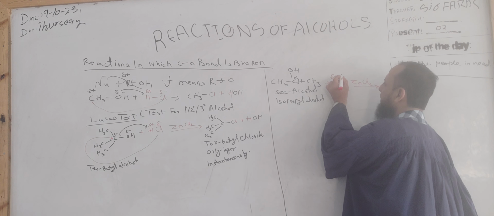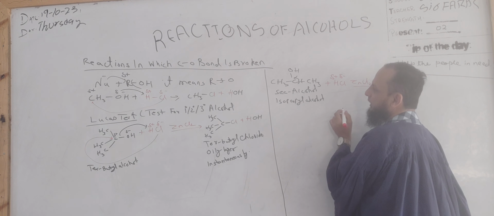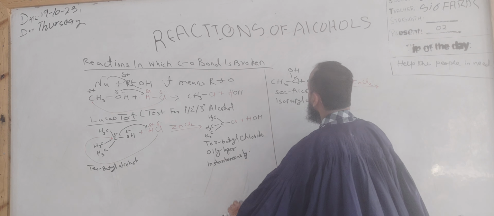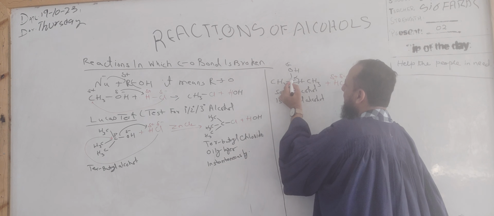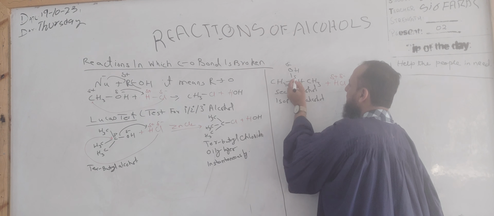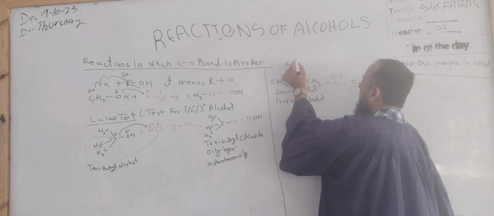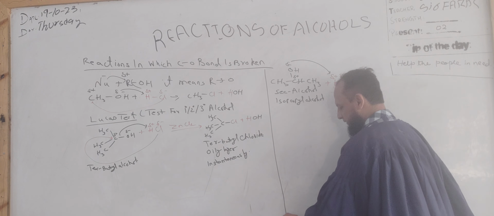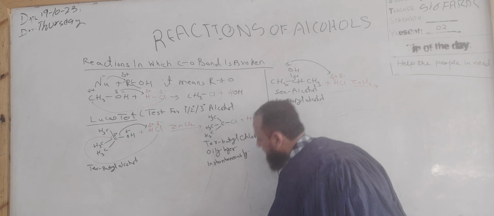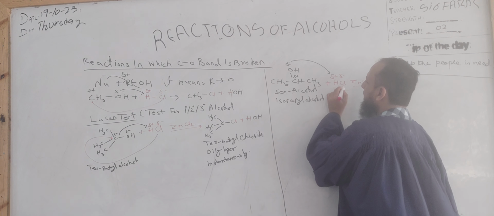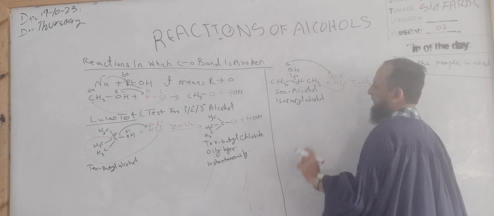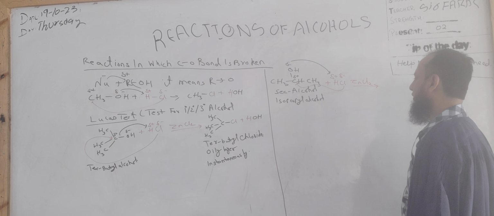Achha, what would happen? This is partially positive, this is partially negative, and here oxygen is partially negative and carbon is partially positive. So negative of this on positive of this, and the negative of this would attack positive of this. What would we get?